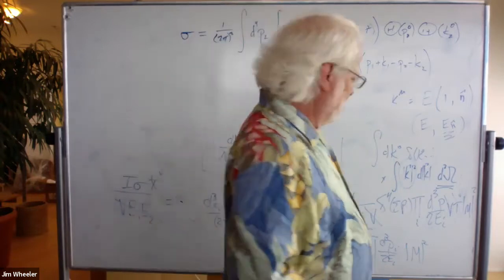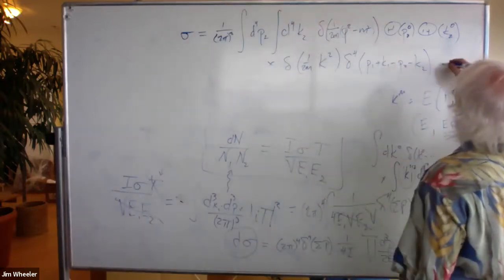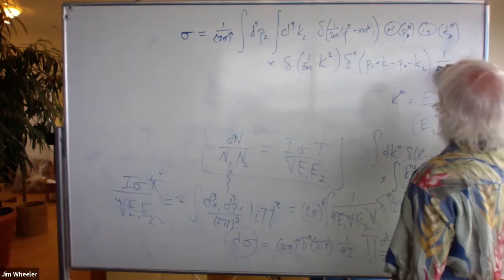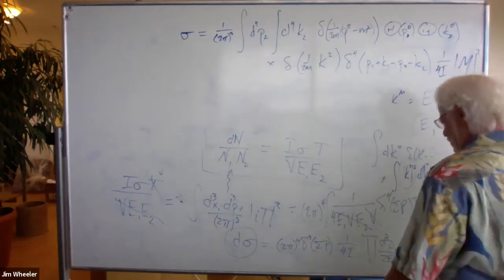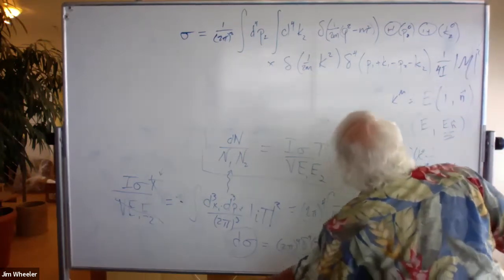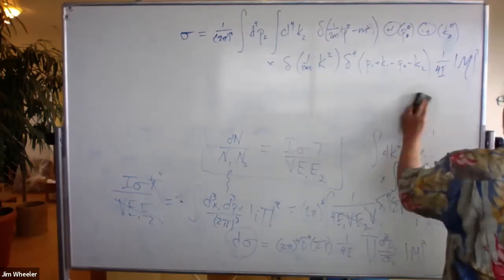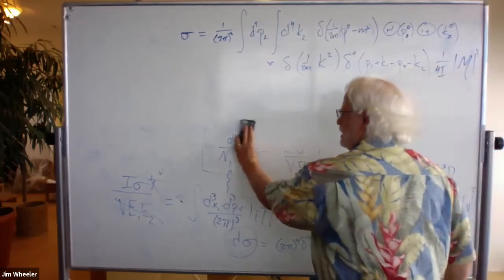And then 1 over 4I times the matrix element squared. We can write I very easily in this case.